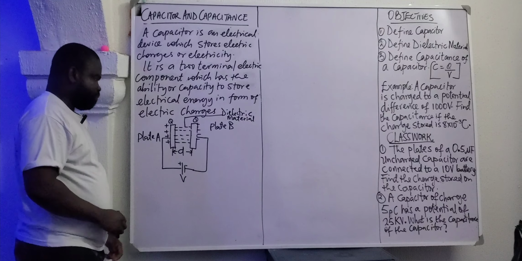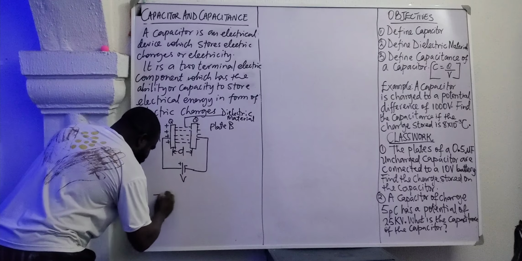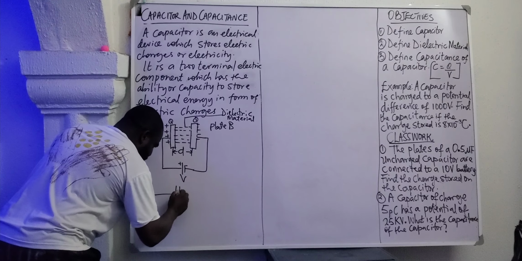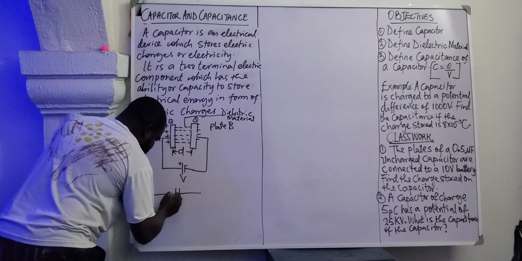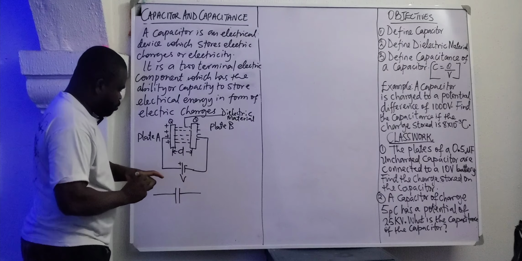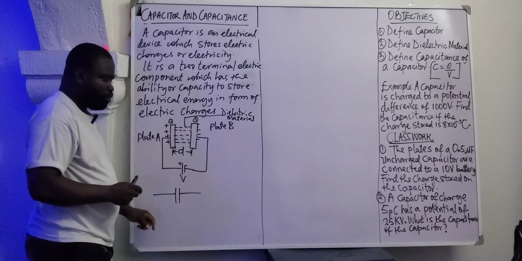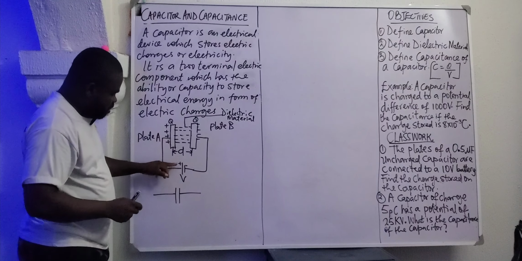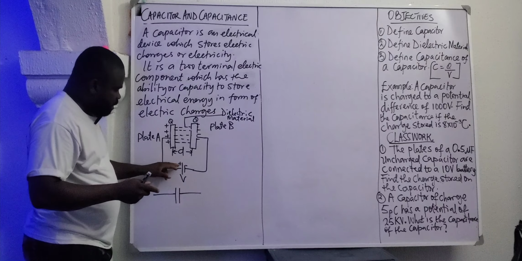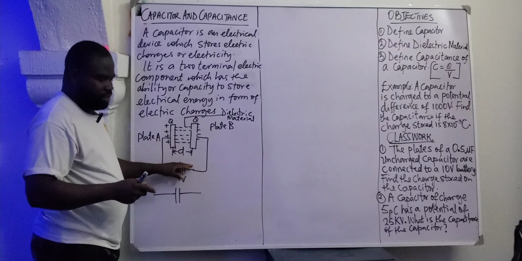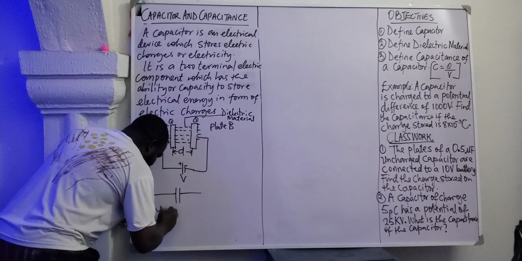Now, I also want you to note that the symbol we use to represent the capacitor in an electric circuit is this, where the two strokes represent the two terminals, and of course they are of equal length. The symbol for a cell has terminals that are not of equal length, but this one for the capacitor is of equal length.